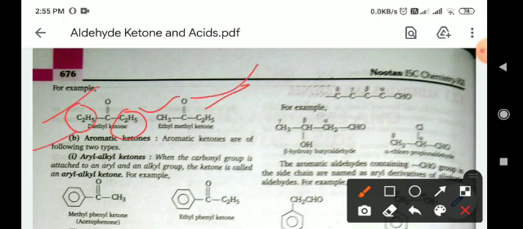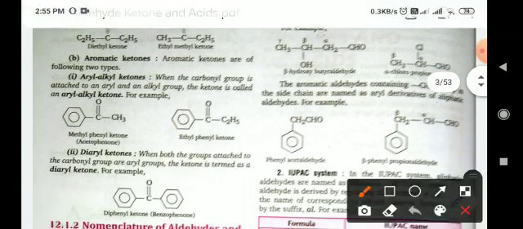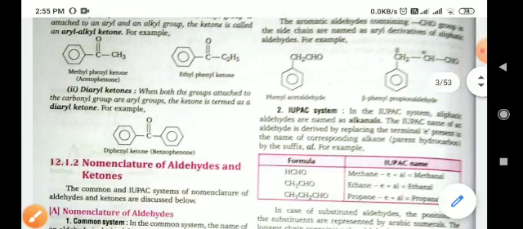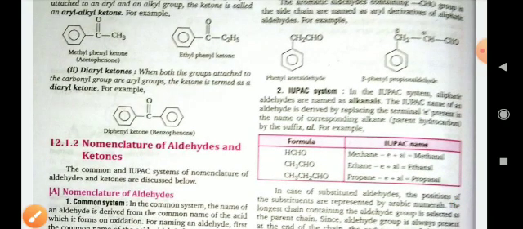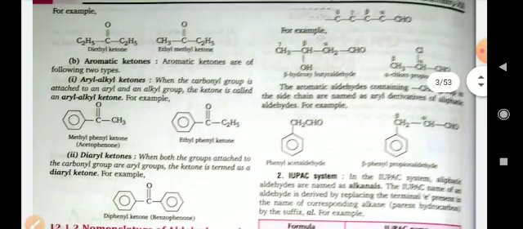And the second type is aromatic ketones, when an aryl group, a benzene group, is present with the ketone, known as aryl ketones. When there are two aromatic systems attached to the carbonyl group, they are known as diaryl ketones. Other examples are given here.